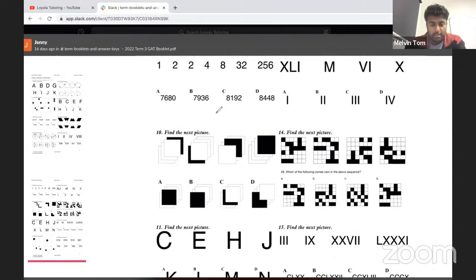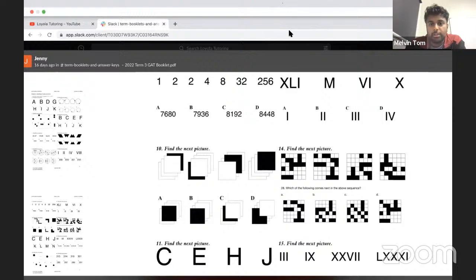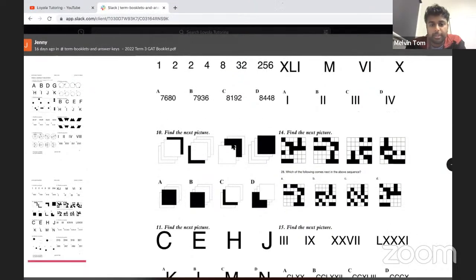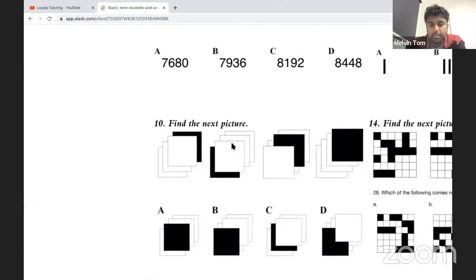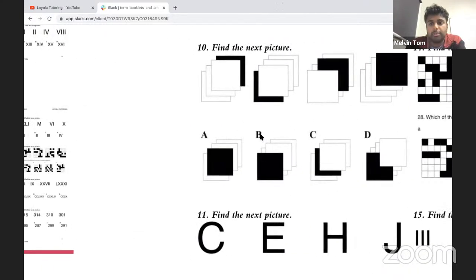Okay. All right. So question 10. What I want to show you guys first is how to do abstract reasoning slightly faster. What I want you to think about is how many possible locations your shape could be in.